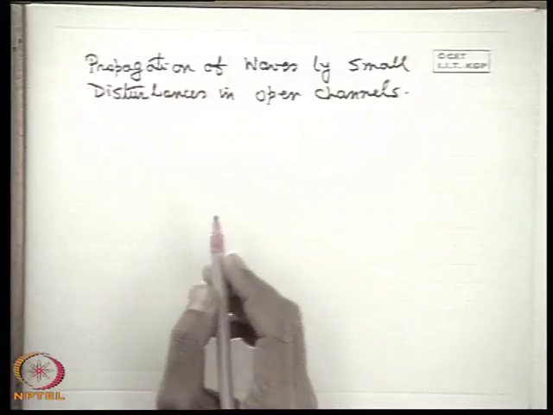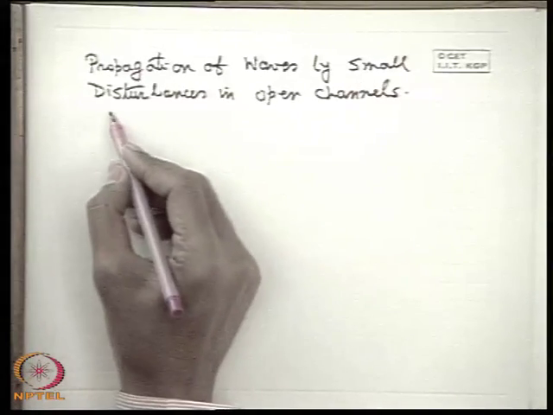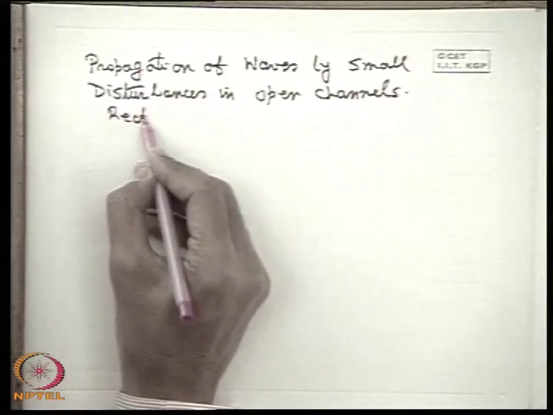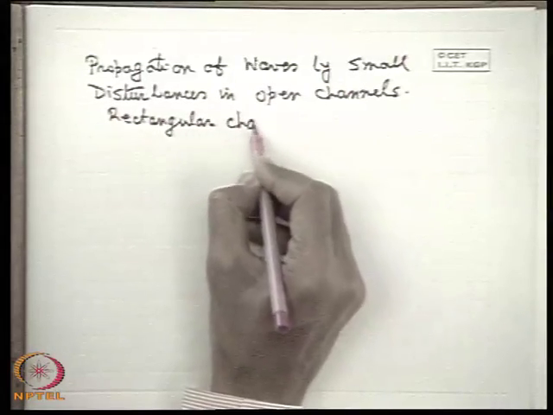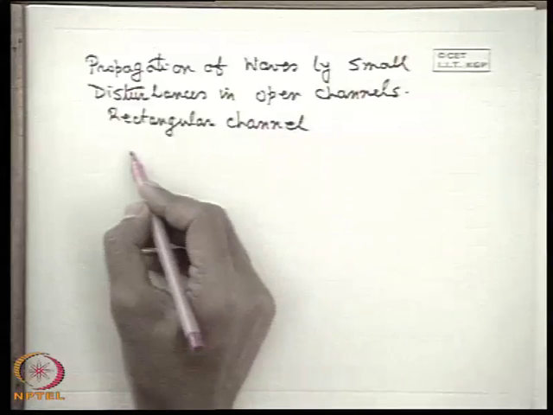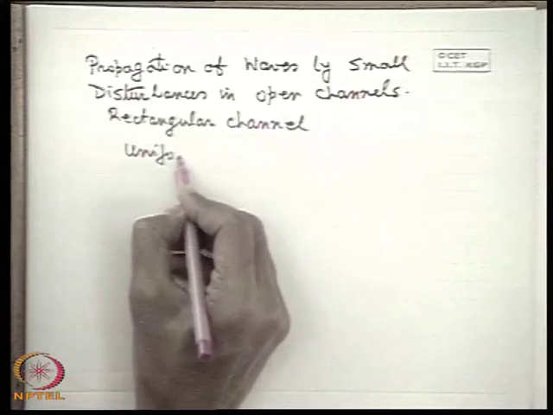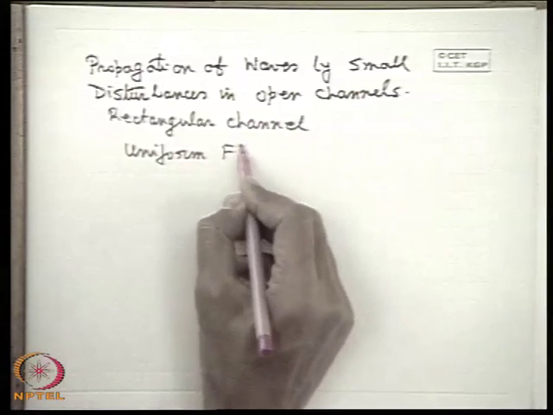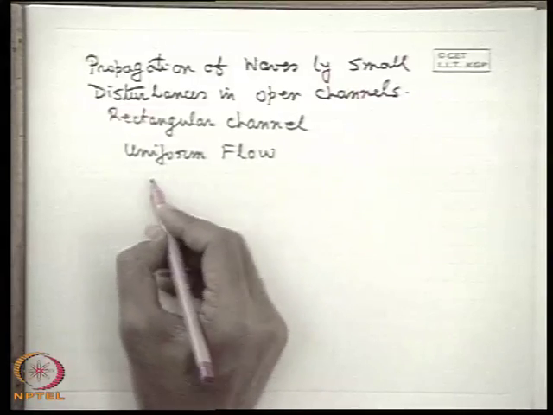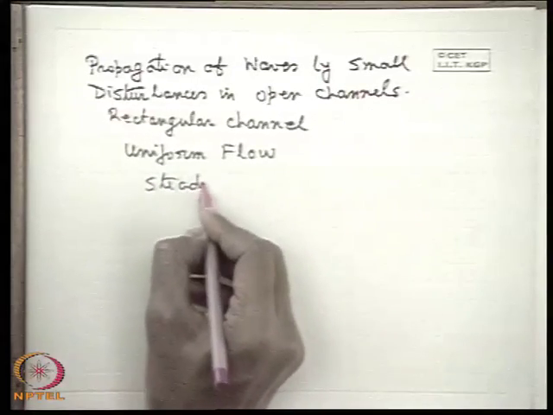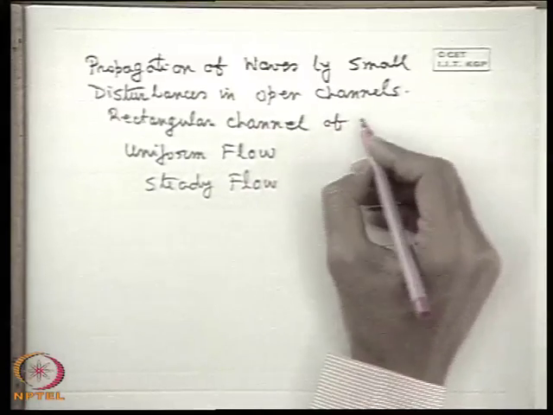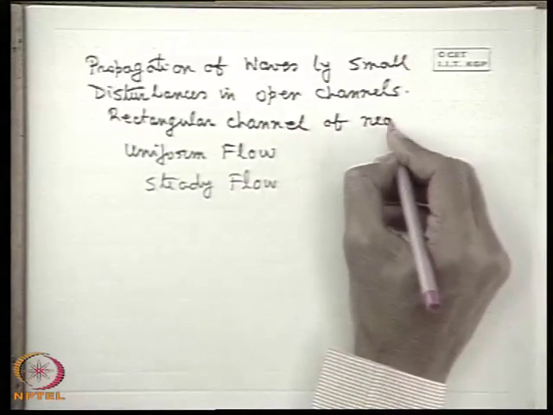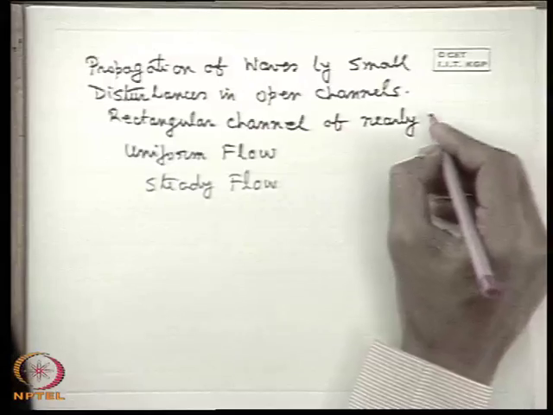Let us consider the propagation velocity of the wave. For that we consider a rectangular channel, with uniform and steady flow. We consider a uniform steady flow through a rectangular channel of nearly zero slope, that means whose bed is almost horizontal.